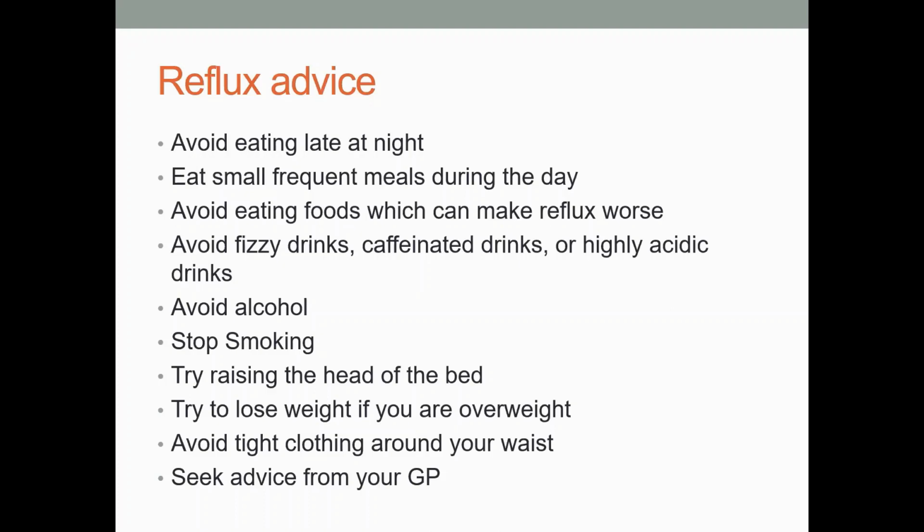Food that is very hot or very cold in temperature can overstimulate the gastric musculature and increase the risk of reflux. Chewing gum can also be an irritant, and something that a lot of people find helpful is keeping a food diary to identify any particular foods or eating habits which make their symptoms worse.